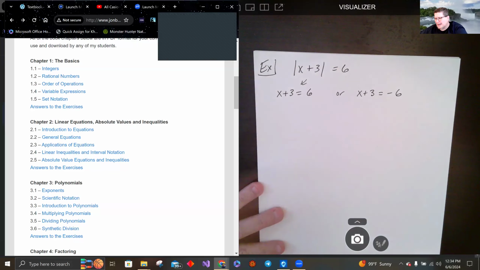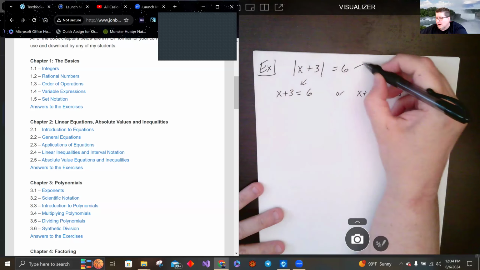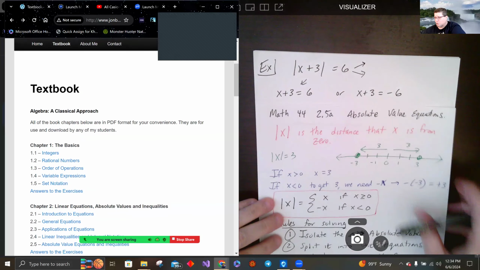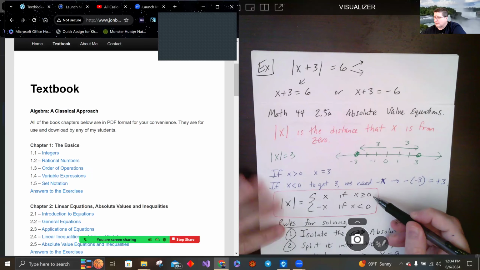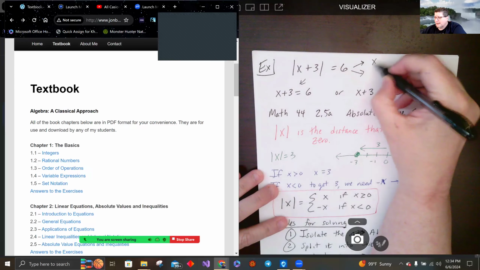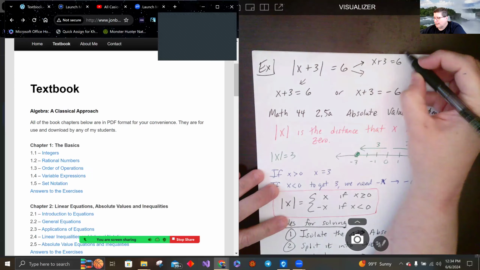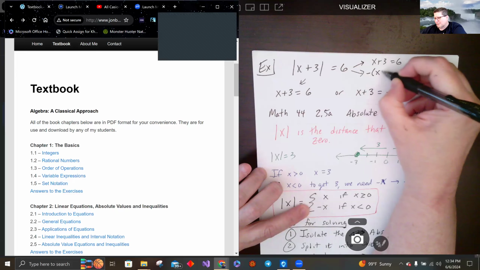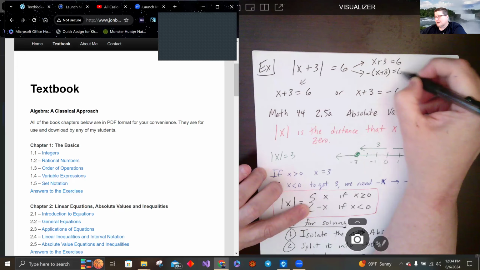This is a speed up of doing this rule right here. So x plus 3 equals 6 is the top one. And then we're doing negative x, or negative x plus 3 equals 6.